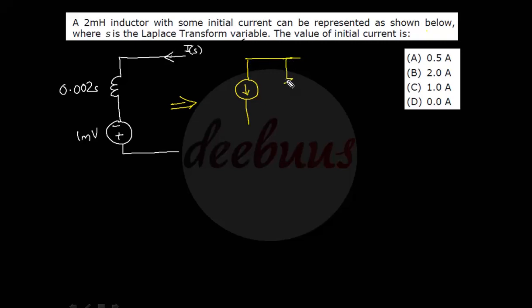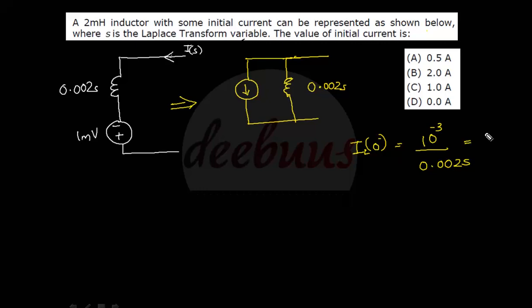Parallel with the same impedance. That means it is 0.002 S, right? Now we have to evaluate what will be the value of this current. That is, the current source value is IL0 minus, equal to 1 millivolt, that is 10 raised to minus 3, divided by this impedance, that is 0.002 S, right?